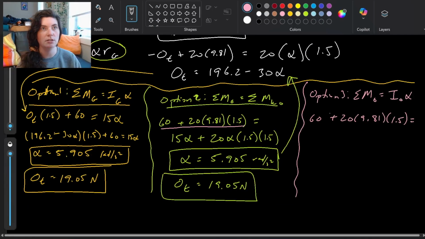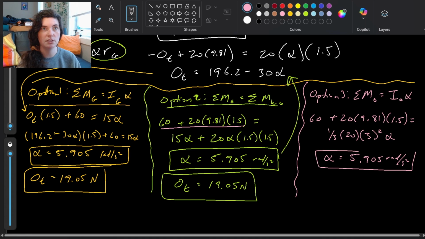So from our chart, 1/3 times m, which was 20, times L, which the overall length of it is 3, squared, times alpha. And interestingly enough, when we solve this for alpha, we still get the same value. Alpha is 5.905 radians per second squared, which again can be plugged into there and give the exact same OT of 19.05 newtons.